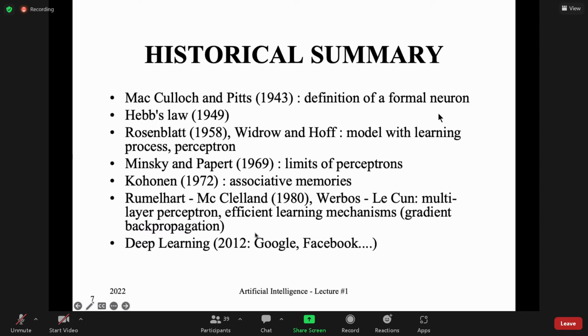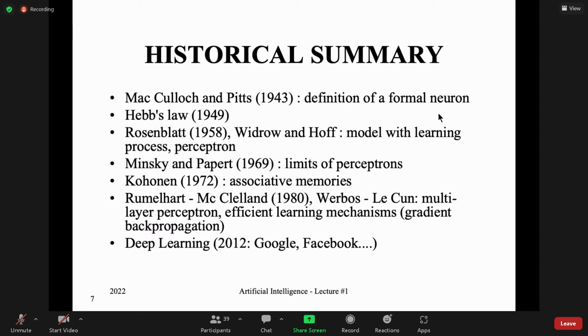And it was only from 2012 with deep learning that the performances of the artificial neural networks became efficient and able to be used in real applications.